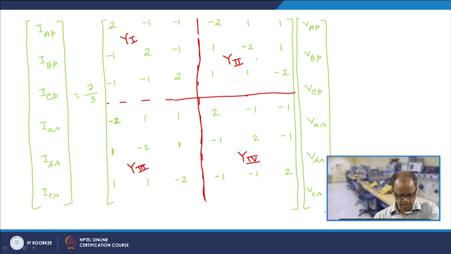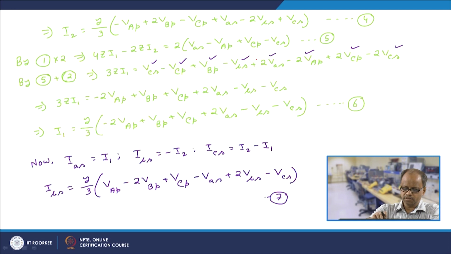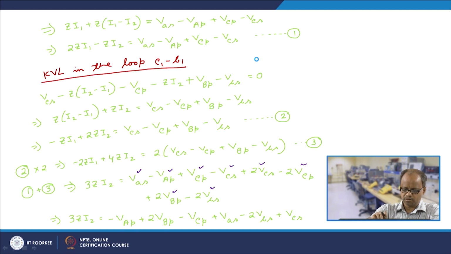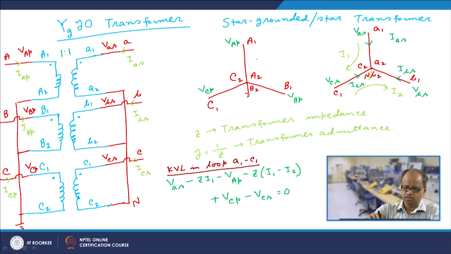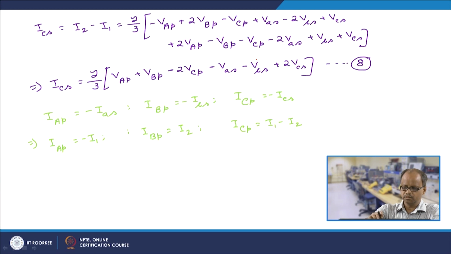As another example, we will not do this detailed calculation now, because by now we have fairly understood the basic process, but we will go very quickly. Let us look at what happens for YG-Y, let us say 4.